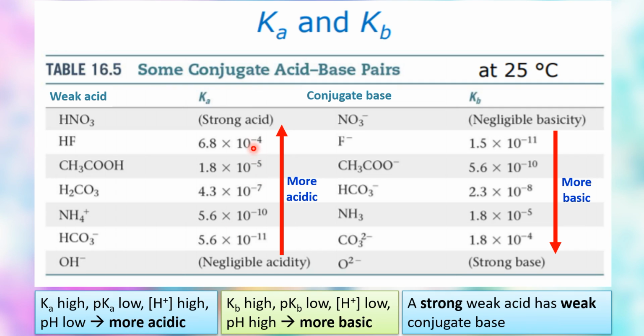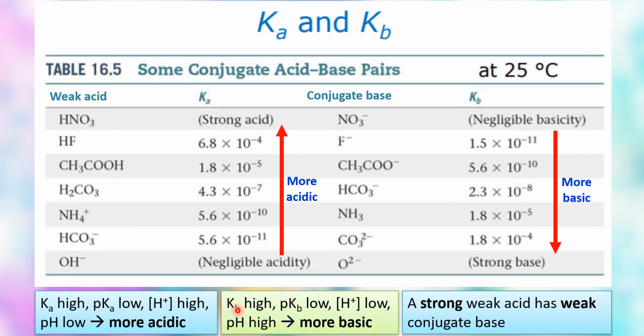So when we refer to all the Ka values, the higher the value of Ka, the stronger the acid. Among all these weak acids, the strongest is HF. What is the relationship to its conjugate base? We can see that for the conjugate base F minus, the value of Kb is the lowest, which means it is a weaker base.